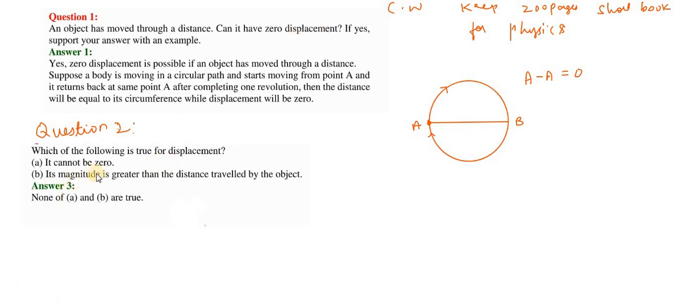Its magnitude is greater than the distance traveled by the object? No. Why? Because displacement is the shortest distance, so the actual length is longer and displacement is shorter, therefore it is not possible. Okay, the remaining things, uniform and non-uniform motion, everything we'll see in the next class.